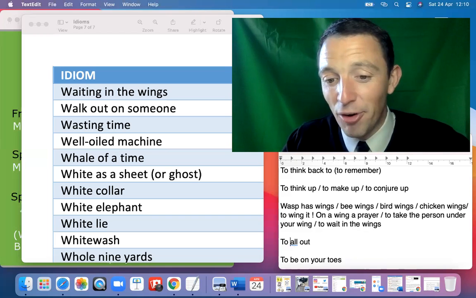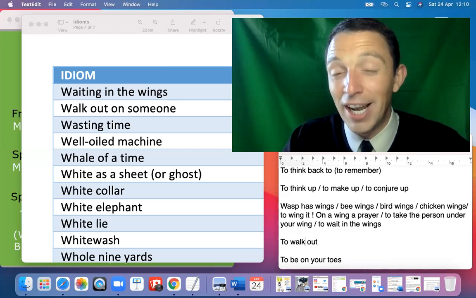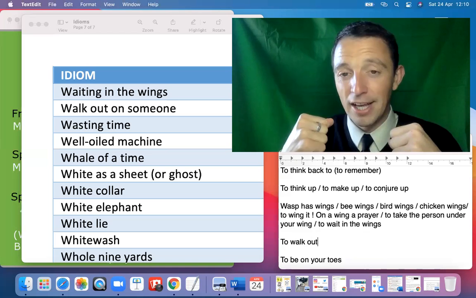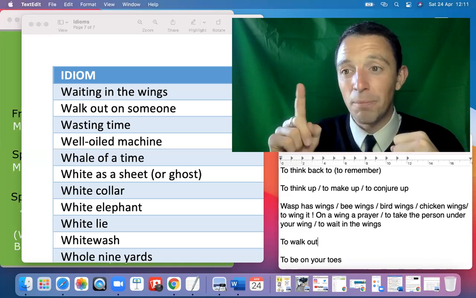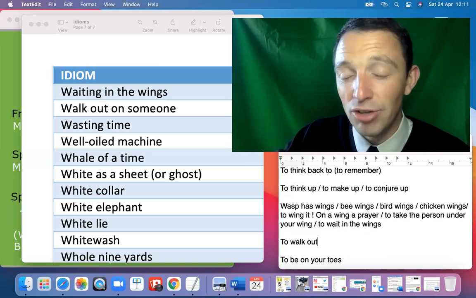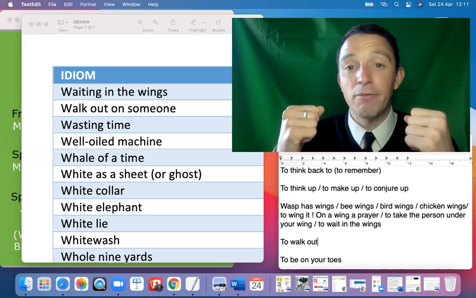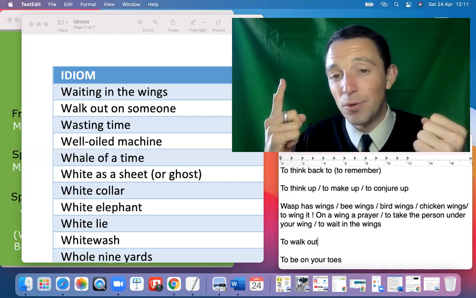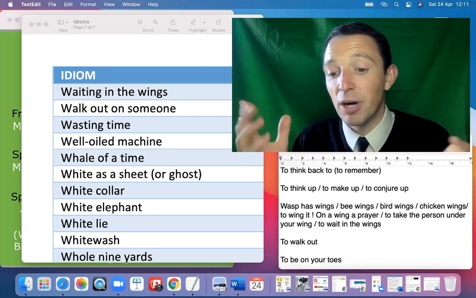And it's a metaphor in relation to relationships or businesses or contracts. So if you have a contract and you change your opinion, you change your mind, you decide to walk out on the contract. In a relationship, if one person decides to leave the relationship, this person walks out on the partner. So it's the verb to leave.